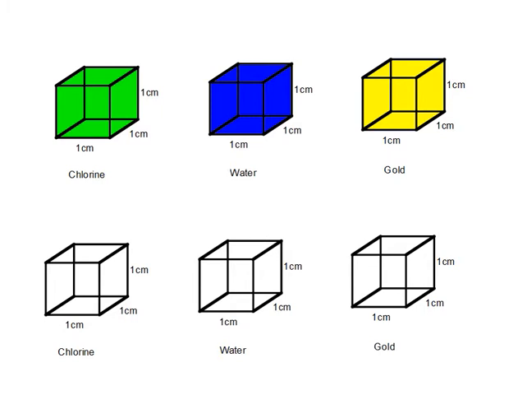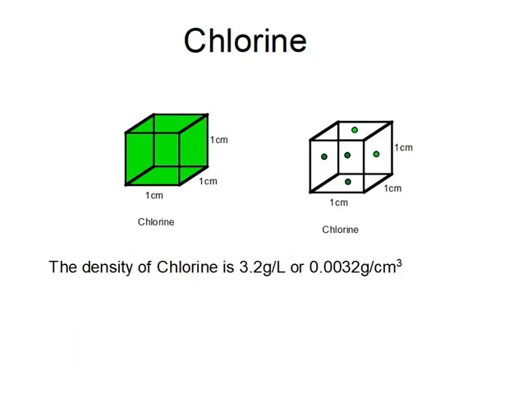So here are our cubes again, empty. And if we were to take them one by one, we would realize that chlorine has a density of 3.2 grams per liter. Meaning that if you had a liter container, for example, a milk or a juice carton, and you filled it with chlorine, and assuming that the carton had no mass at all, then the chlorine within it would have a mass of 3.2 grams in every liter, which is equivalent to 0.032 grams in a cubic centimeter.